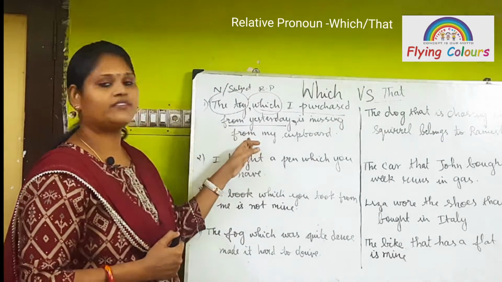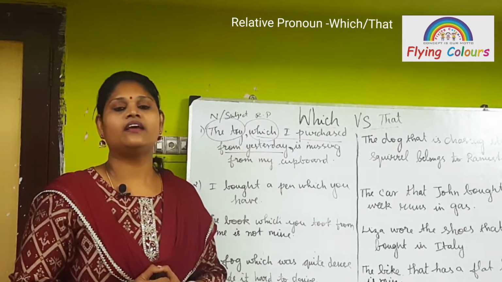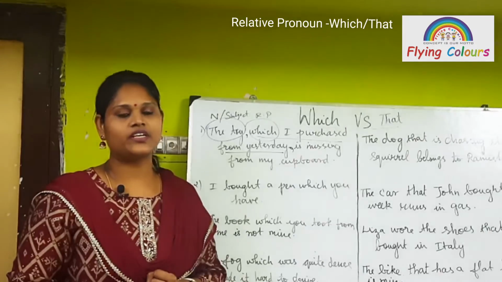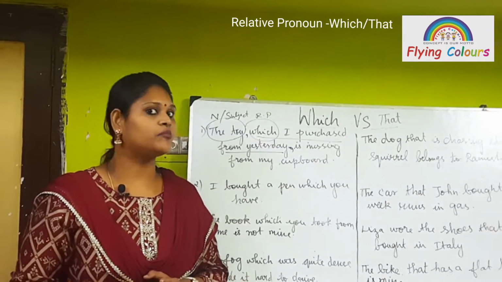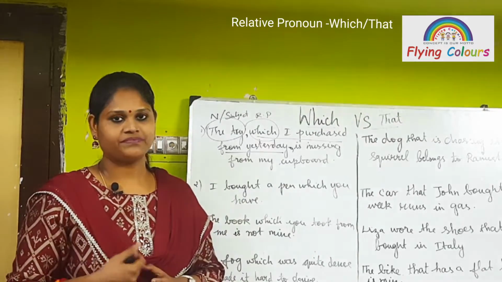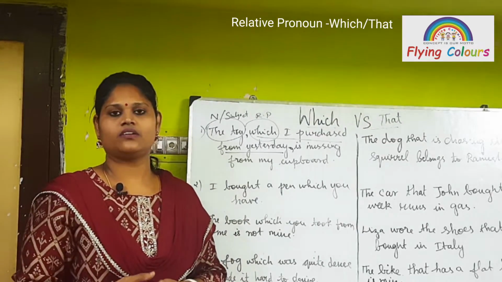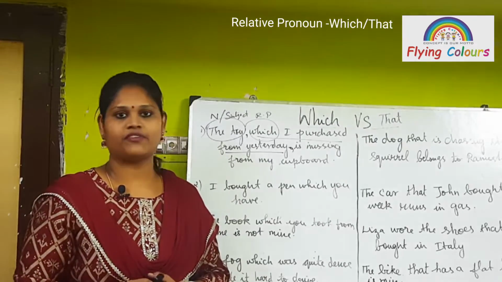So in this way we can use the relative pronoun which. Let me explain again. Which is a non-essential clause, and it provides extra information. It can be marked by punctuation, commas, and without that non-essential clause, the sentence can be completed. It gives extra information.